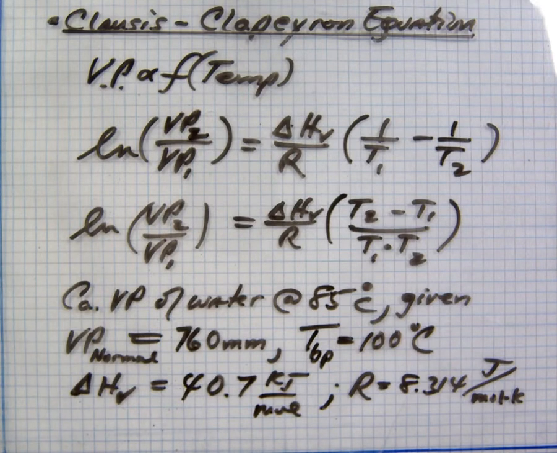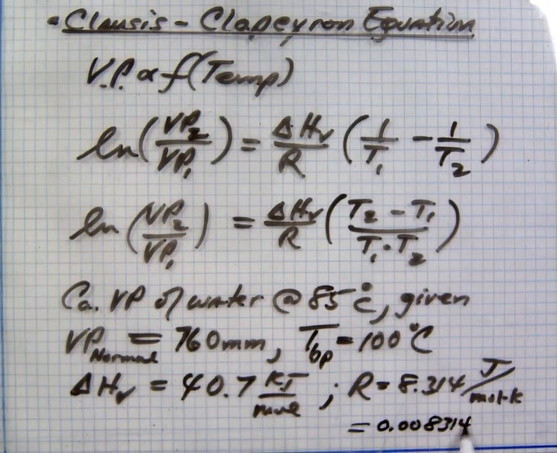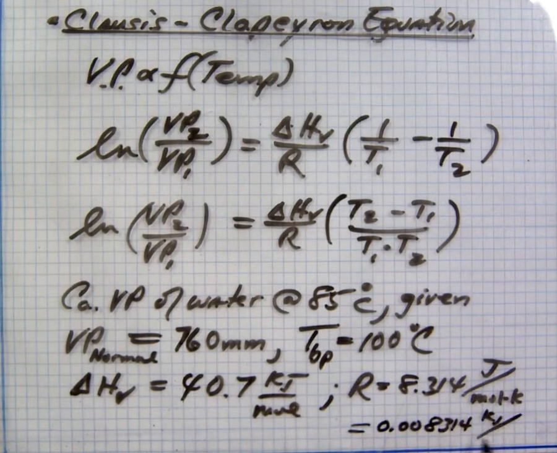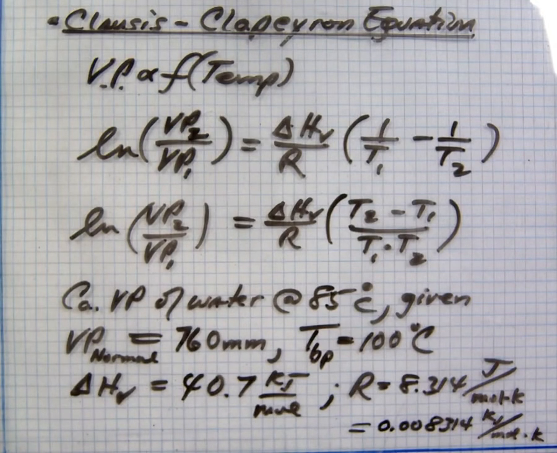The R value is listed in joules per mole Kelvin in most textbooks, but for this equation you need to convert it to kilojoules, which is 0.008314 kilojoules per mole Kelvin.